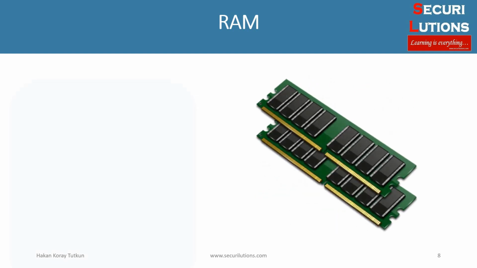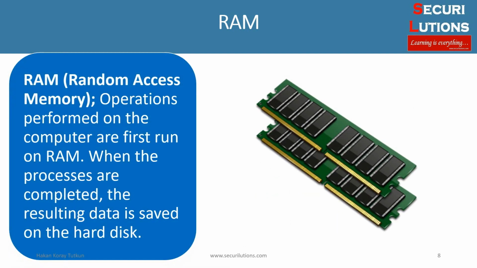Operations on the computer are first done on RAM, random access memory. When the computer is turned on, the data is transferred to RAM. RAM continues to use data as long as processes continue. RAM gives applications a place to store and access data on a short-term basis. It stores the information your computer is actively using so that it can be accessed quickly.